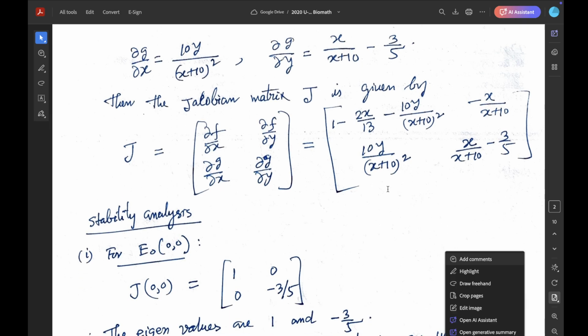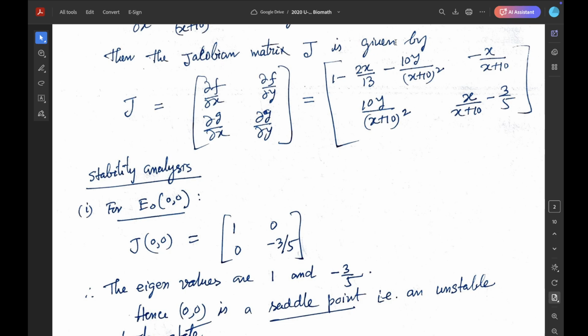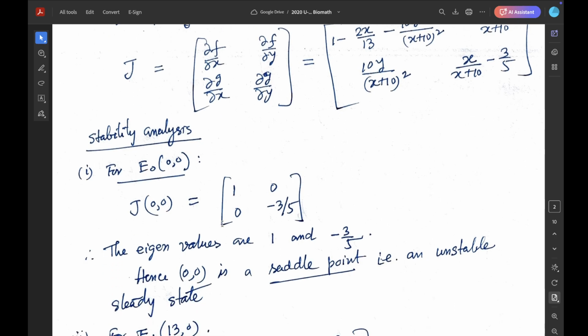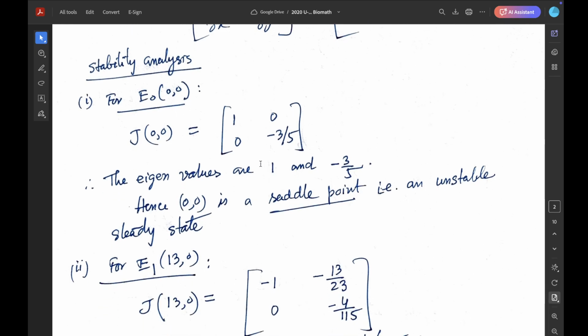Next, stability analysis for the point E0, the trivial steady state (0, 0), the origin. So put x equal to 0, y equal to 0 here, and we get the Jacobian matrix for the point (0, 0) as this. Obviously the diagonal elements are the eigenvalues of this system, so 1 and minus 3 by 5 are the eigenvalues.